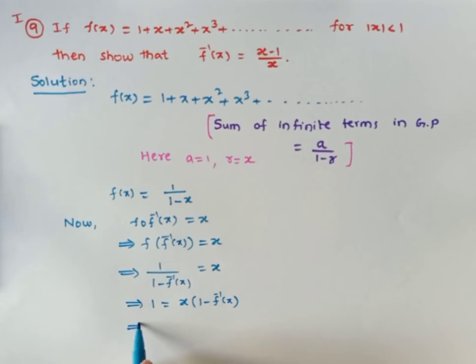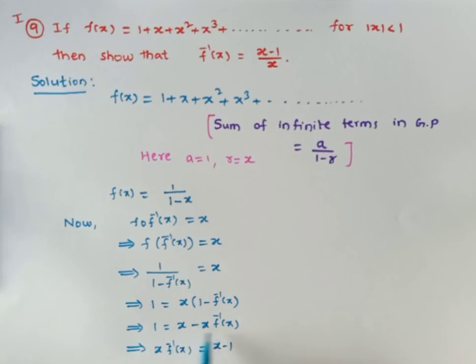Now this implies 1 is equal to x minus x into f inverse of x, separating f inverse of x. Now interchange these two, so x into f inverse of x is equal to x minus 1.